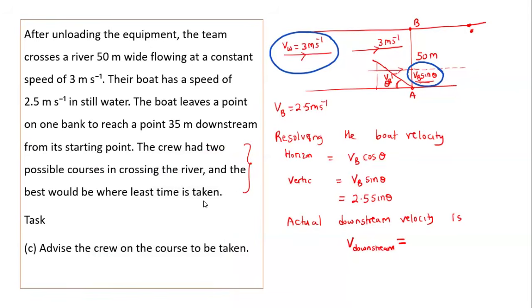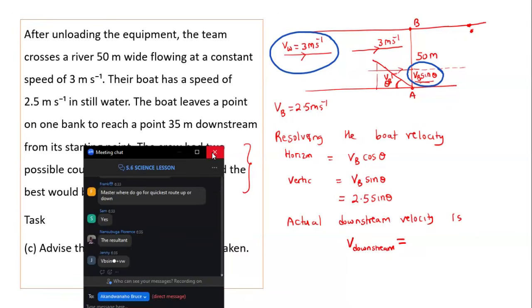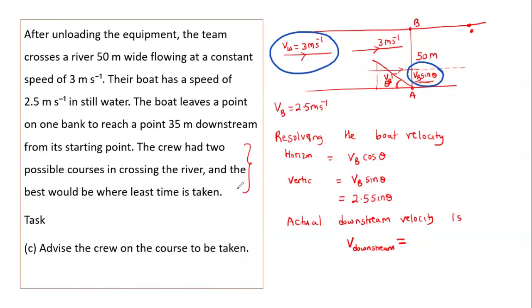Yeah, so teacher, according to that, the total velocity downstream will be V water minus VB sine the angle. Okay, can you tell why you are saying minus? It is minus because the V of the water is moving downstream, and the resolved component, VB sine theta, is moving upstream. But since the resultant should be moving downward, we shall have to subtract the VB from the V water because they are in different directions.